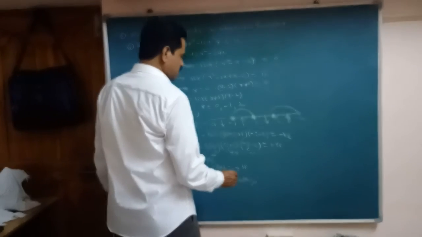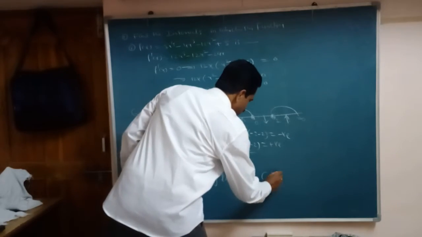Take care: this is −1, then 0, then 2. So we write down strictly increasing on (−1, 0) ∪ (2, ∞).